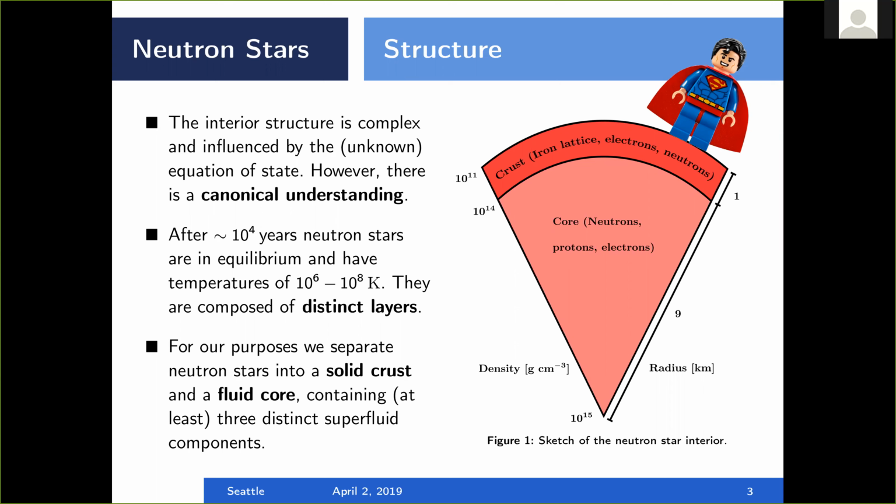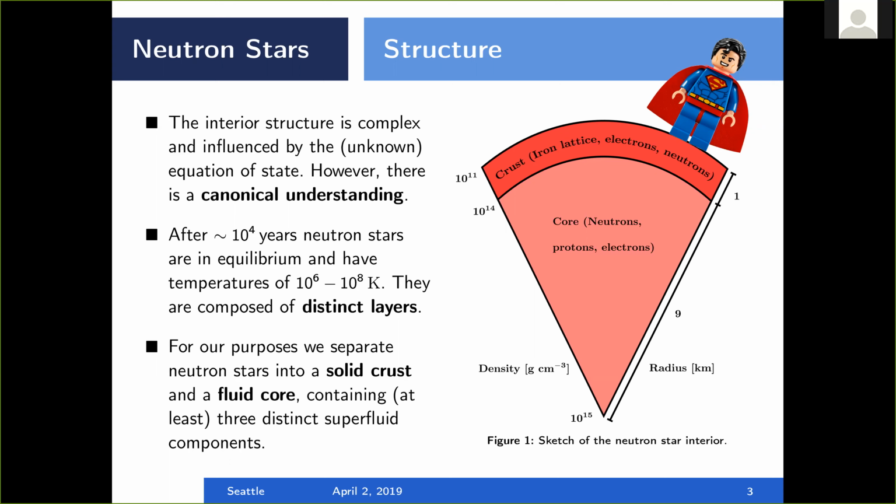But this obviously carries the majority of the star's mass, because the density can increase from something like 10 to the 11 to something like 10 to the 15 grams per cubic centimeter, okay? These are densities higher than nuclear densities that we know from atomic cores. So this is really beyond what we can probe on Earth. You have to make extrapolations on how matter behaves and try to figure out what the equation of state looks like. That's why we don't really know where these interfaces exactly are.